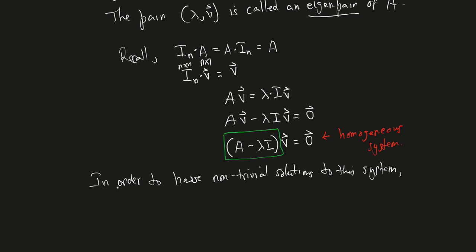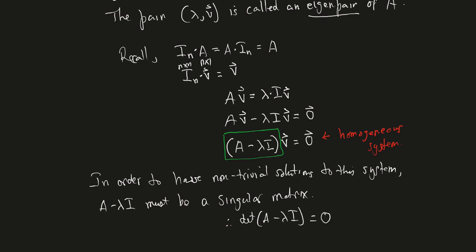So A minus lambda I must be a singular matrix. What does it mean for a matrix to be singular? It doesn't have an inverse. What does it mean to not have an inverse? It means the determinant of this matrix has to be zero. Therefore, the determinant of A minus lambda I must be equal to zero.